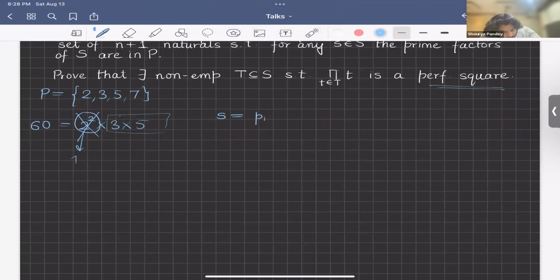Okay. So for any element of the form P1 raised to A1 up to Pn raised to An, where P1 up to Pn are these primes 2, 3, 5, 7, I only care about whether the exponents are odd or even. So for this, I consider a corresponding tuple, which is A1 mod 2, and so on up to An mod 2.